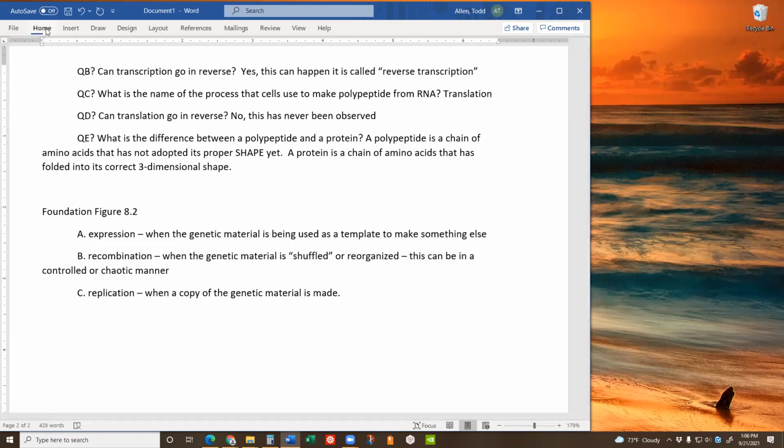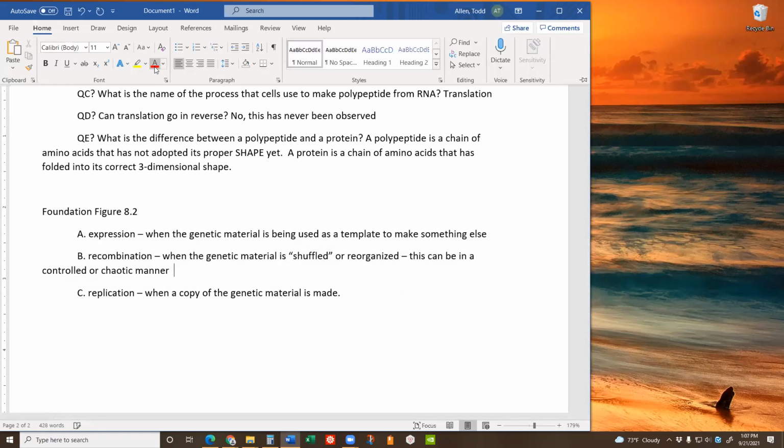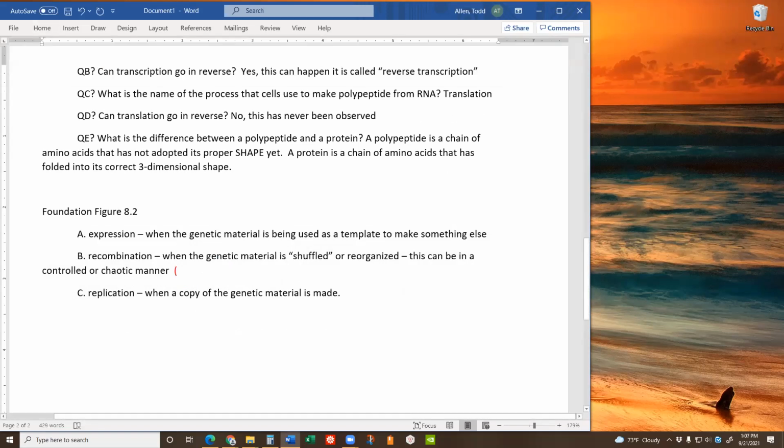I'll change the color that I'm using at the moment. So recombination, you are not responsible for on a test. Okay. You are not responsible for recombination on a test. It's cool stuff. It's fascinating stuff, but we would need 3 weeks to get all of this covered, and we don't have it.